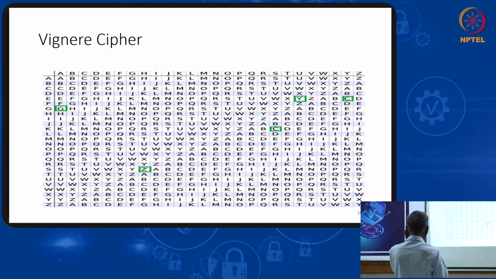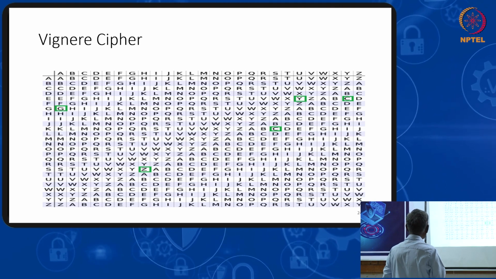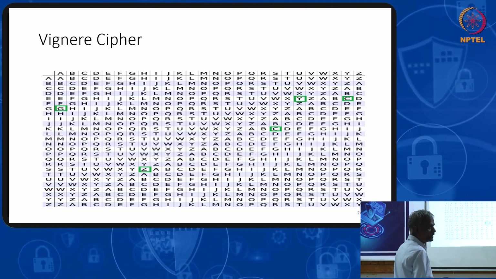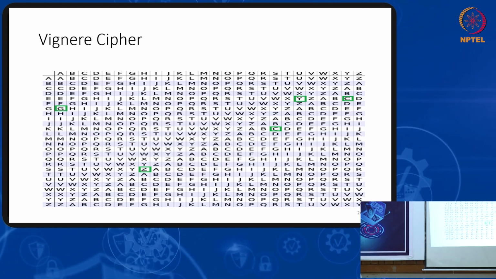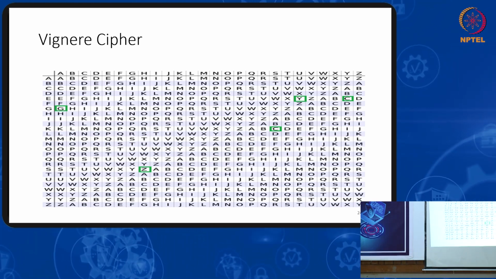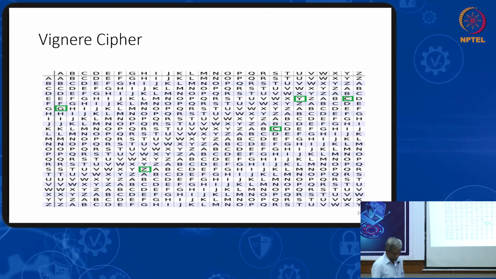Now we want to make the plain text into cipher text. The plain text is "jigs per jigs". I take only "jigs", just for understanding.